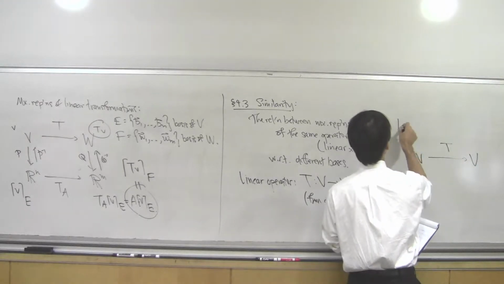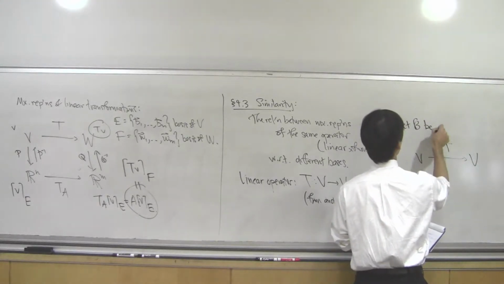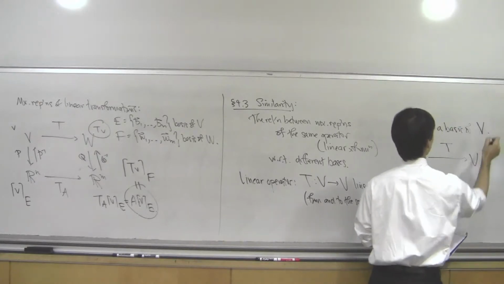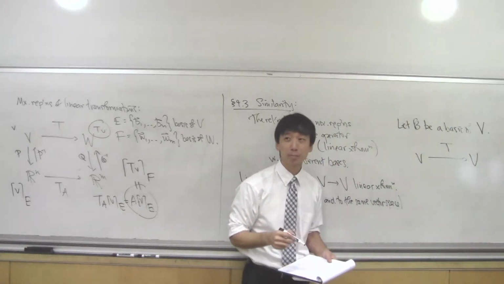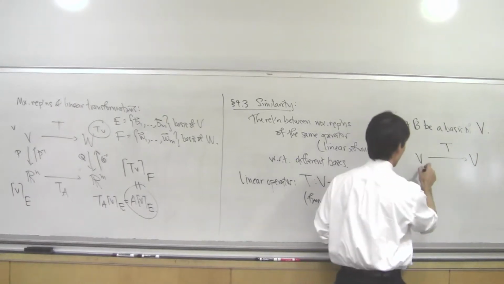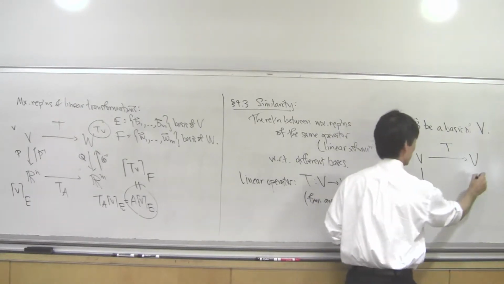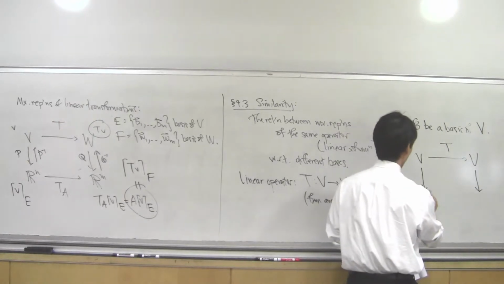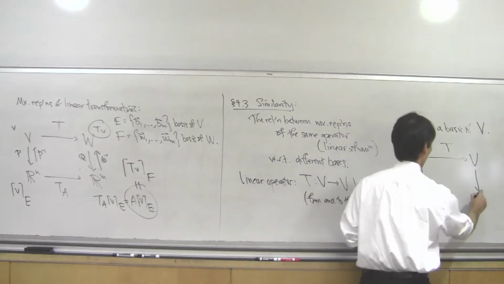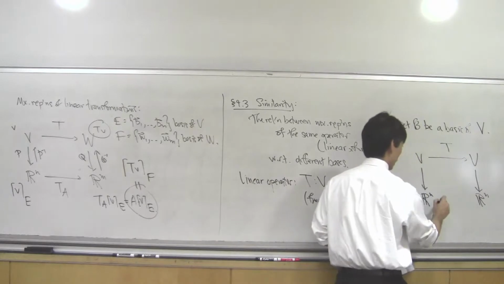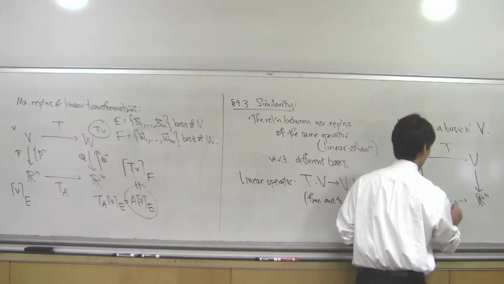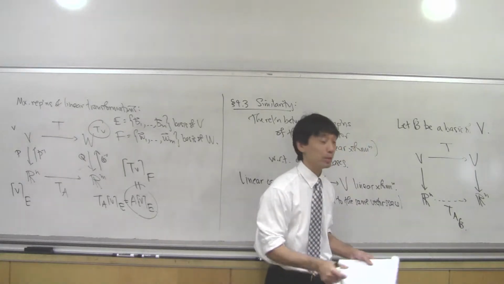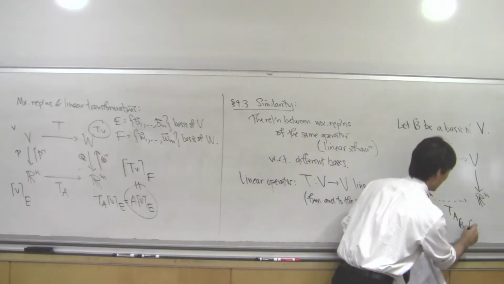So let B be a basis of V. And we'll use the same basis on both sides, and we'll get a matrix representation with respect to the B basis on both sides. So maybe I'll write it with B as a subscript.